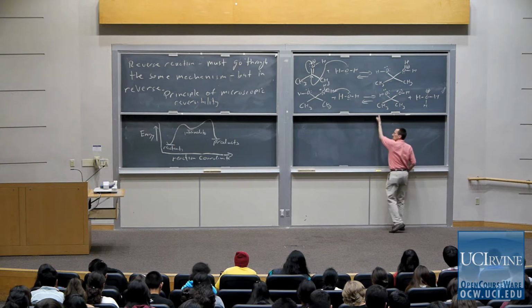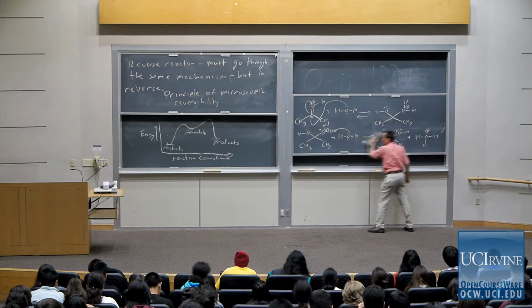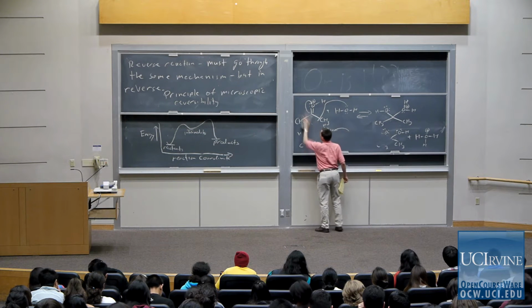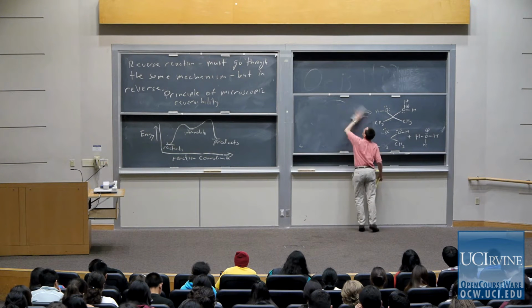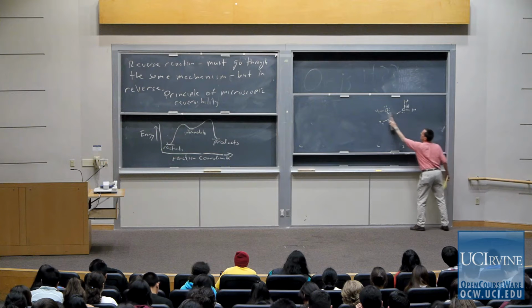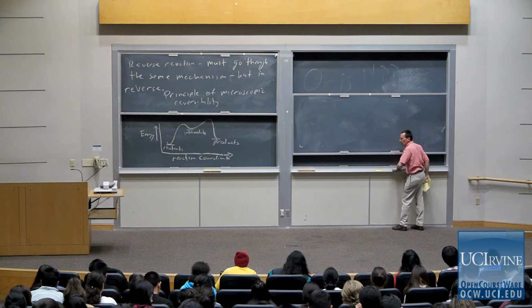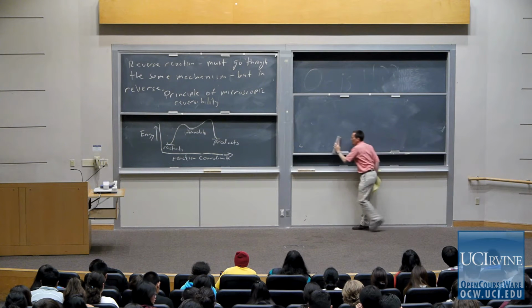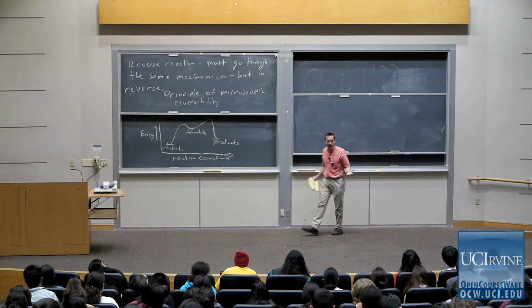Now, we're going to start with something pretty simple, and it should be easy to intuit your way through this reaction even without any highfalutin fancy principles of microscopic reversibility. Because all of this chemistry is just about protons going on, protons coming off, and the formation of oxocarbenium ions.